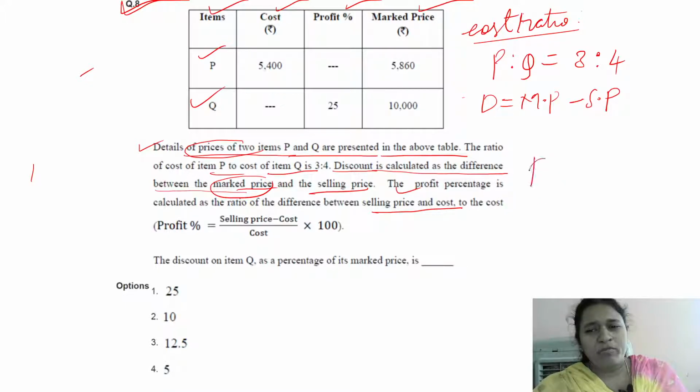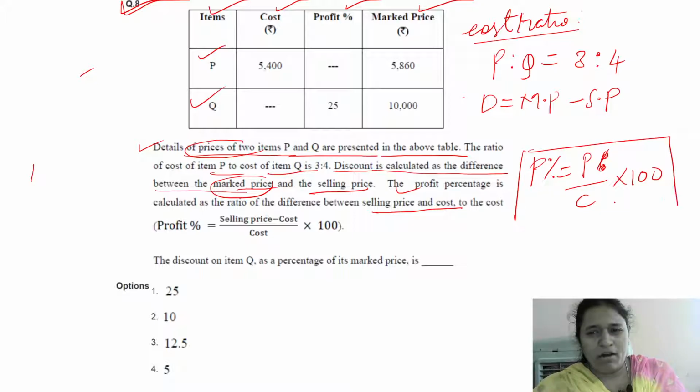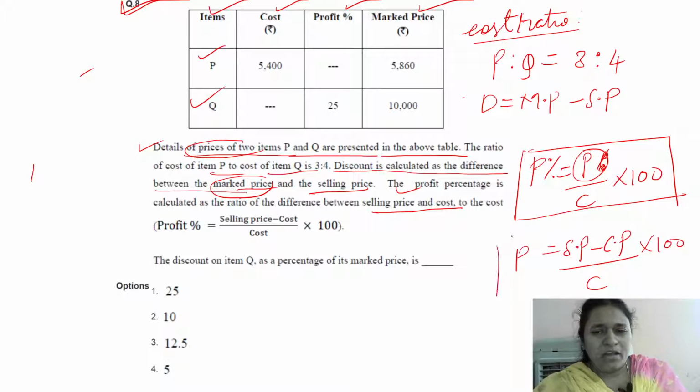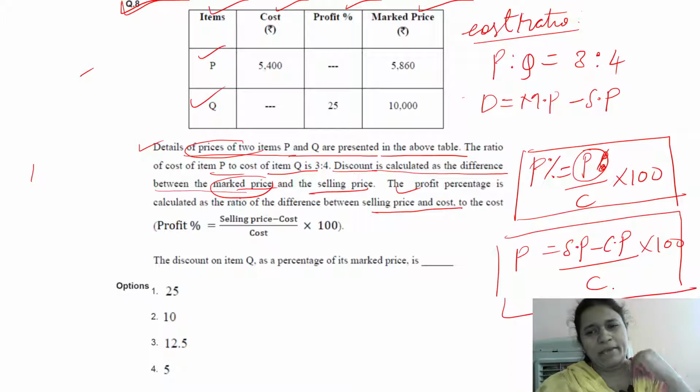All of us know this, right? Profit percentage is equal to profit divided by cost into 100, where profit is selling price minus cost price. This is an already known formula. If we know the selling price and cost price of an item, then we can find the profit percentage.